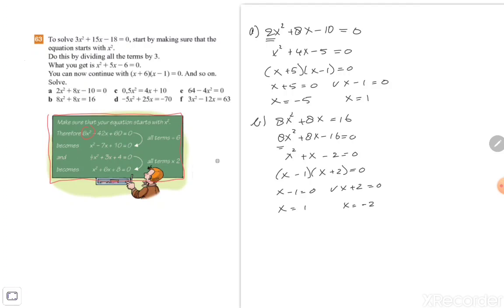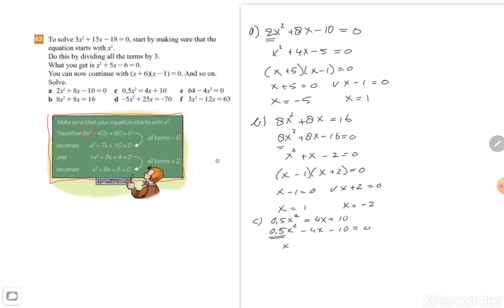Exercise C. A half x squared is equal with 4x plus 10. Now let's create on the right side is equal with 0. Then you get a half x squared minus 4x minus 10 is 0. Because in front of the x squared is a half, I'm going to multiply everything by 2.